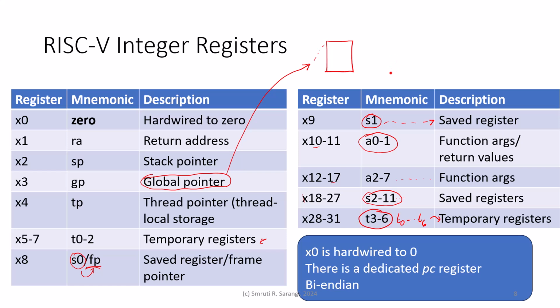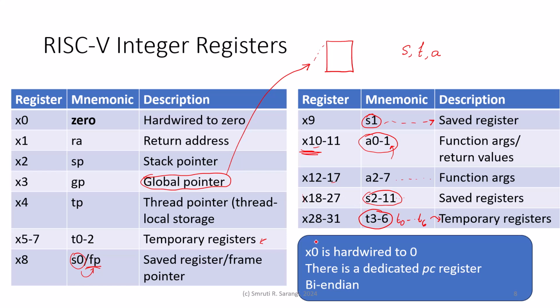So essentially, other than these special ones, where 0 is super special, we have 3 series of registers. S is the saved series, T is the temporary series not saved. Then we have A, and A is for arguments and return values, where A0 and 1 are for return values as well.